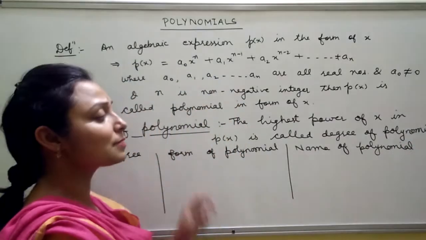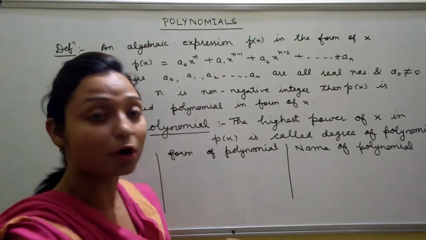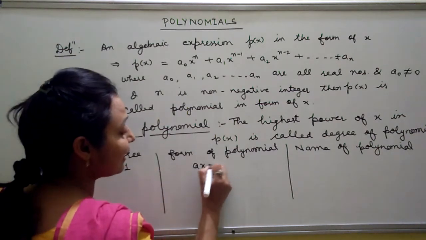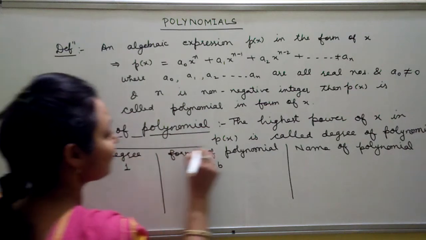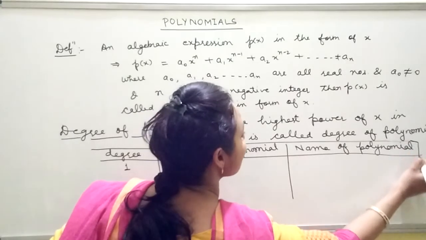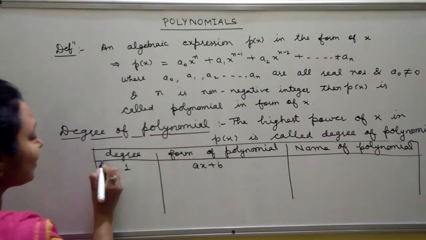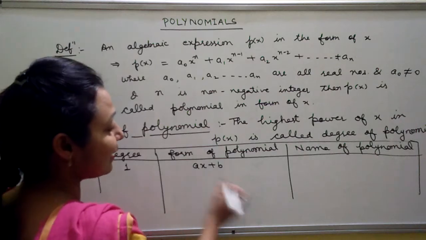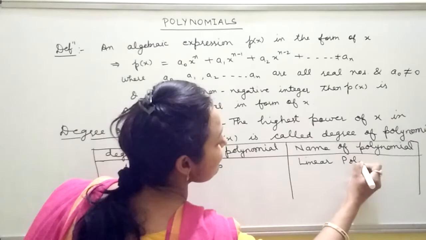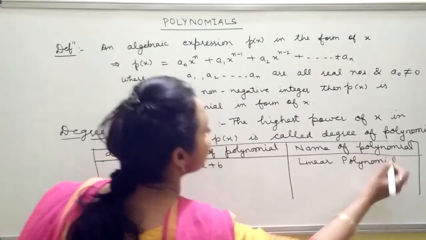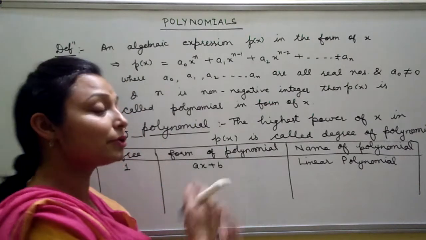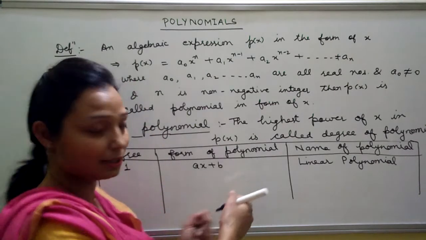We have so many polynomials we can write, but the names are given to these three polynomials. First, if the degree is 1, the form of the polynomial is ax + b. These are the types. Degree 1 and ax + b, and the name is linear polynomial. Linear has always degree 1 and only 1 zero. I will talk about the zeros later, after this topic.